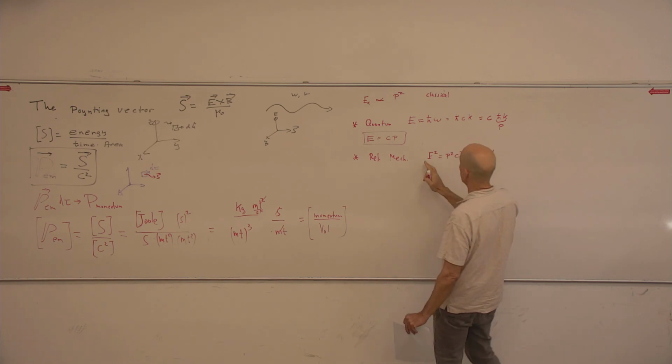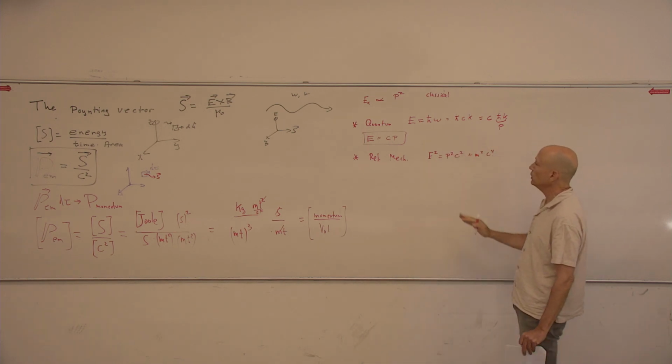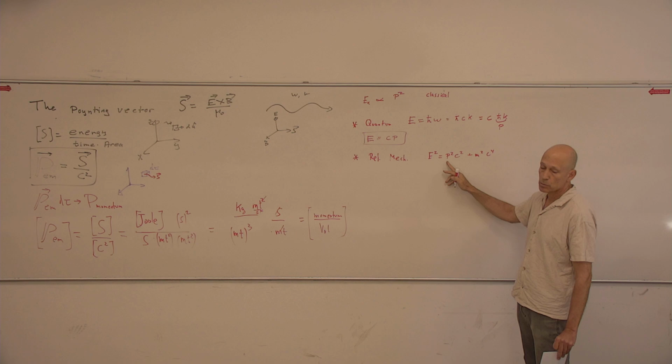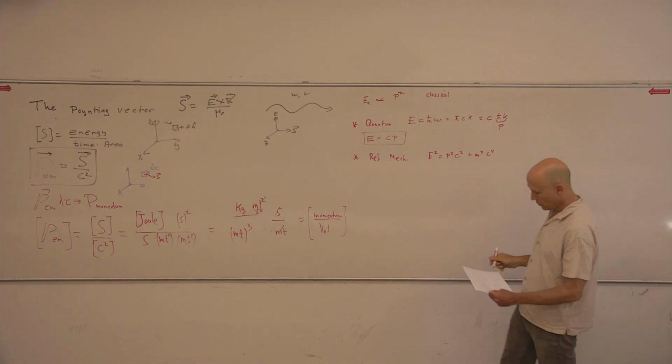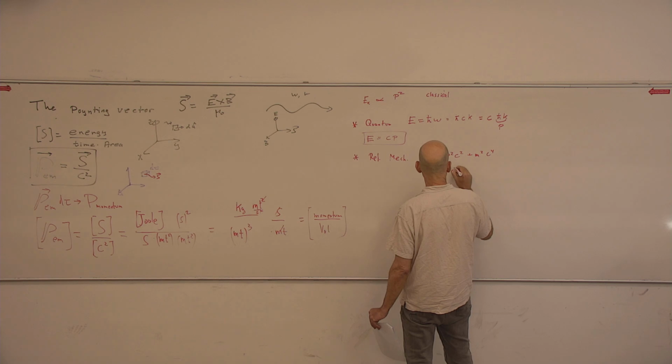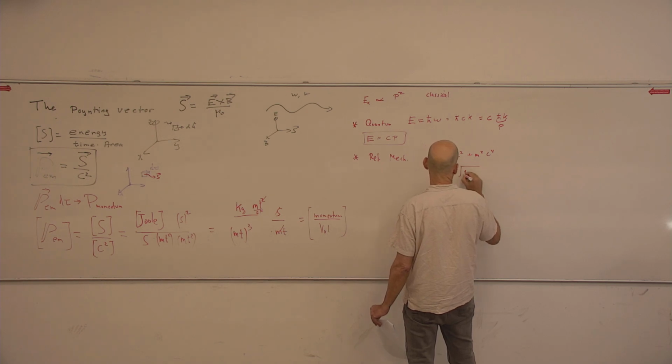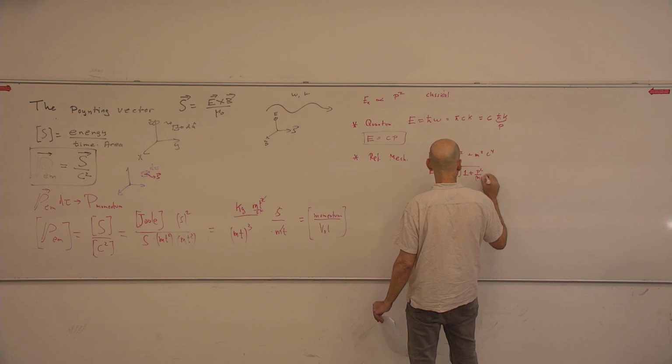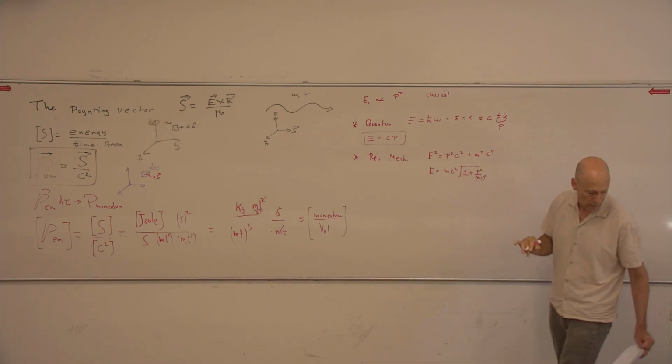This is a famous relation between the energy of a particle, its mass, and its momentum. Maybe you saw it in different ways. You can also write it as E equals mc squared times the square root of 1 plus p squared over m squared c squared. Did you see this equation somewhere, let's say in a bar or somewhere?